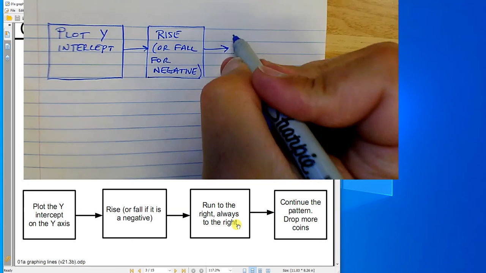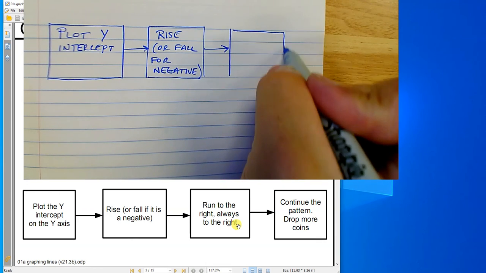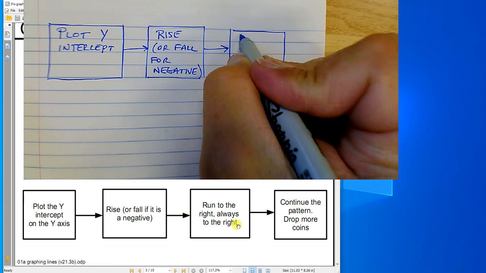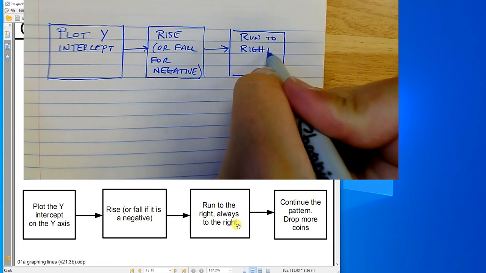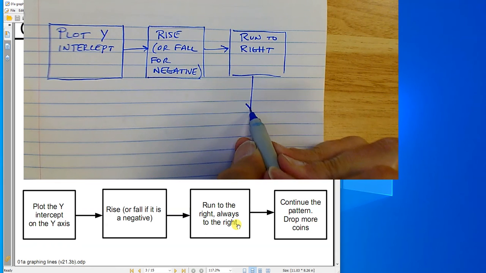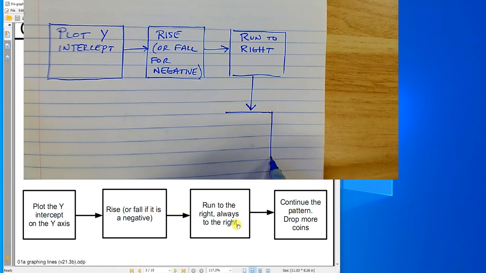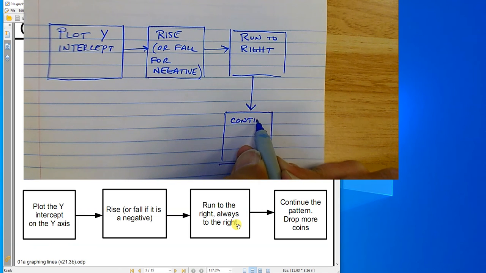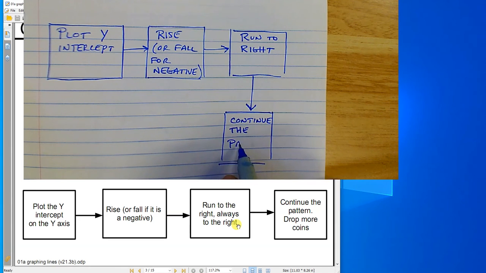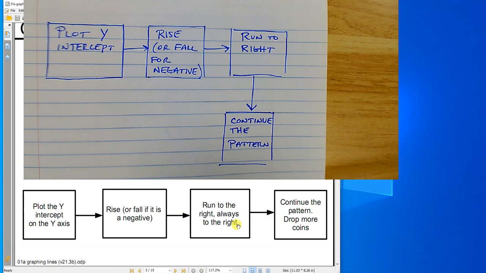I then run to the right. And then I just continue the pattern. Plot the y-intercept, rise or fall if it's a negative, run to the right, continue the pattern.